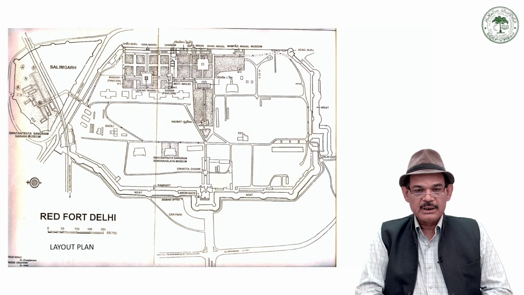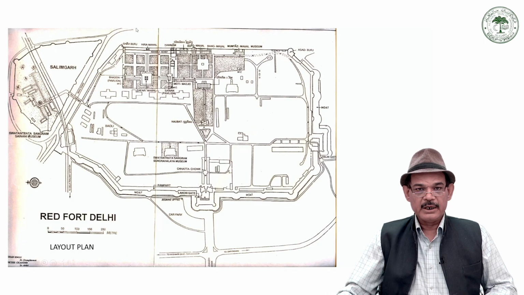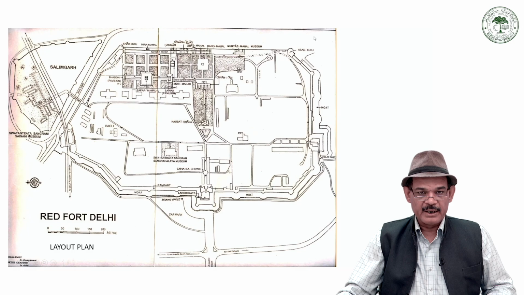And this fort takes the shape of an irregular octagon. It is situated on the bank of the river Yamuna, and on its eastern side the river Yamuna at that time was flowing, touching its fortification wall, its rampart.